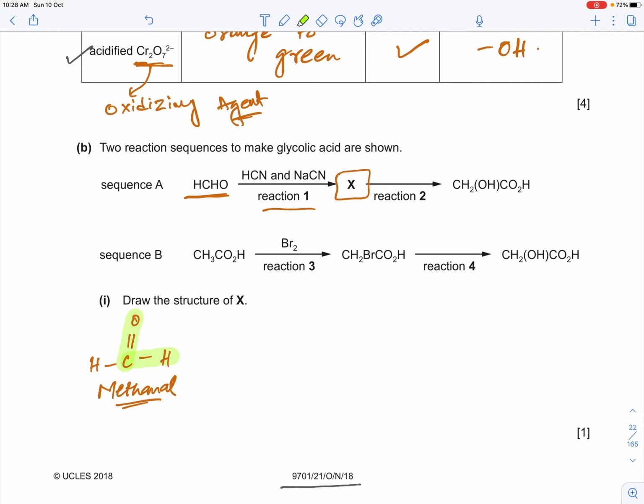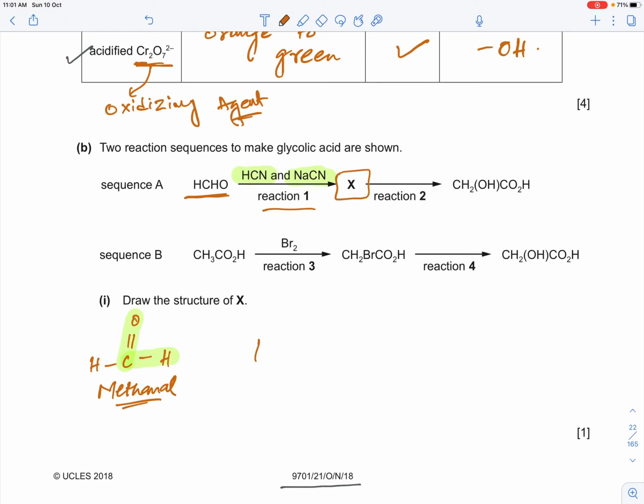So this aldehyde is reacting with hydrogen cyanide and sodium cyanide. This is a typical reaction of carbonyl compounds: nucleophilic addition. You can react any aldehyde or ketone with HCN in the presence of sodium cyanide for nucleophilic addition, because it has a carbon oxygen double bond.